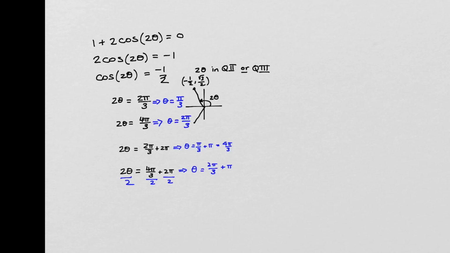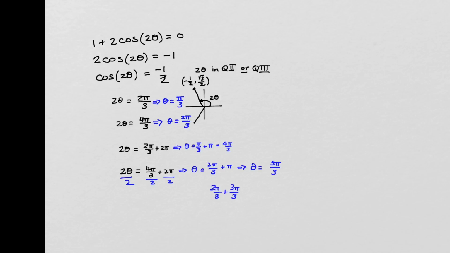And 2 pi over 3 plus pi tells me that theta itself is actually equal to 5 pi over 3. So I just got the common denominator, 2 pi over 3 plus 3 pi over 3, and then 5 pi over 3 is my answer for that.